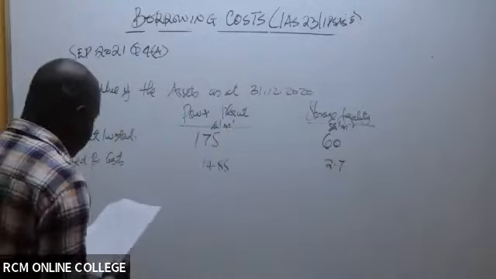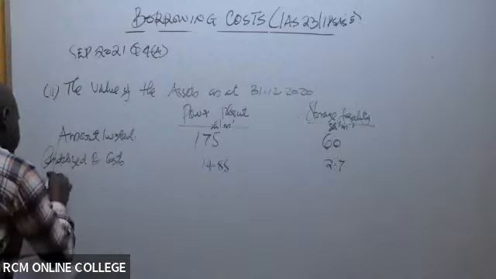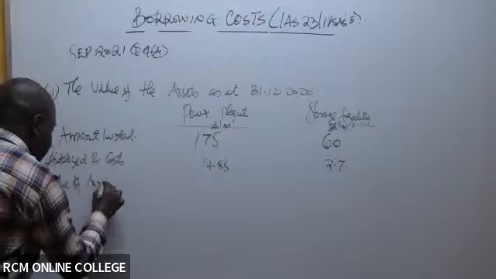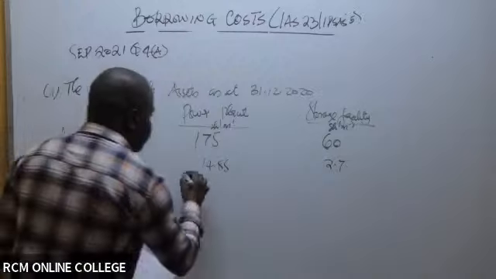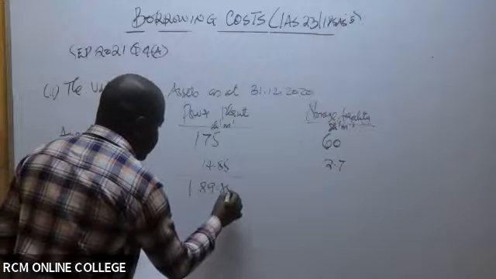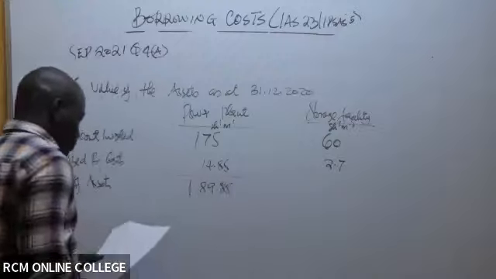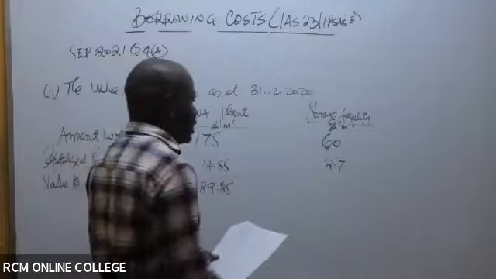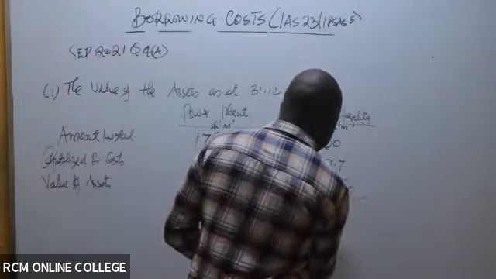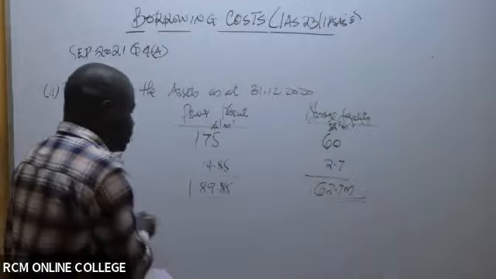So the value of the asset, yenye utapeleka kwa balance sheet sasa, hapa itakuwa 189.85 million, na hapa itakuwa 62.7 million.